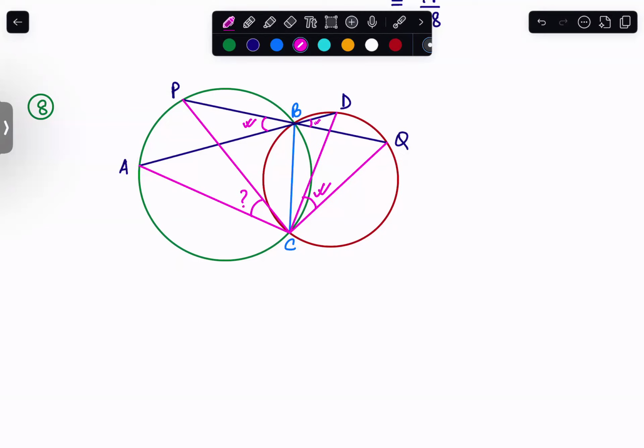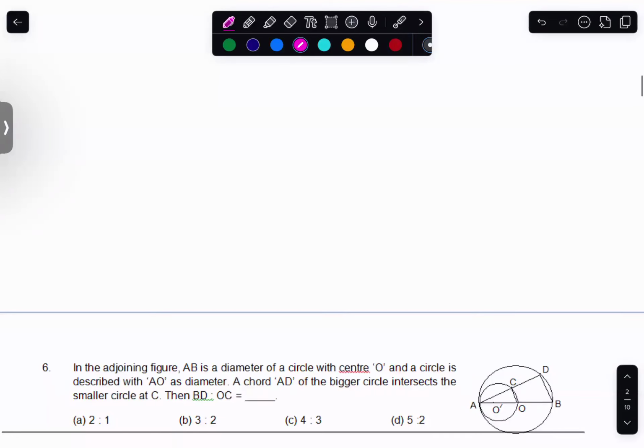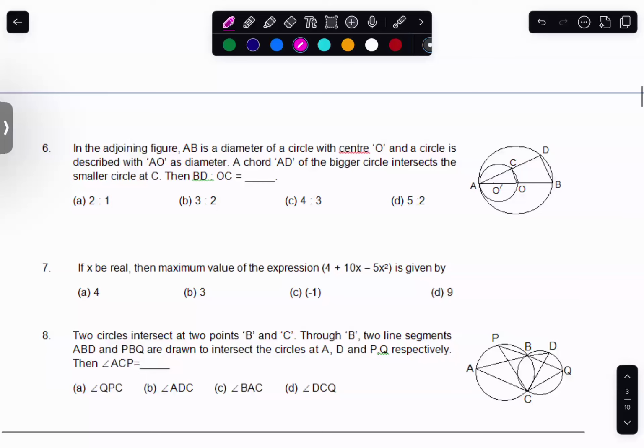So what we are searching for, that's equal with PBA and its vertically opposite angle DBQ, and then equal angle about DQ as DCQ. Is the justification clear? Hello? Yes, sir. So up to 8, is it okay?